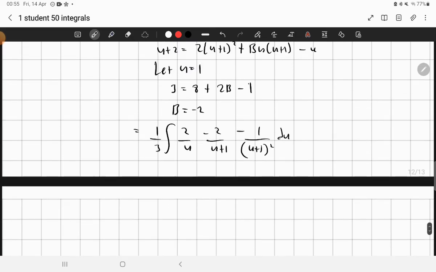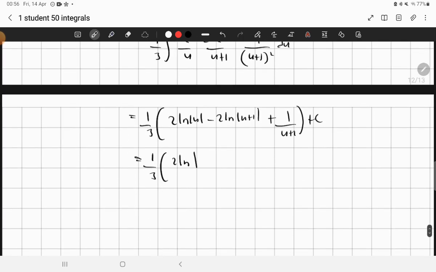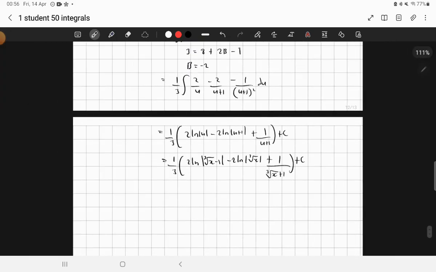So next one will be just solving this particular integral. So 2 ln of u minus 2 ln of u plus 1, and then plus 1 over u plus 1 plus C. We know that u comes from the cube root of x minus 1, so we get the cube root of x minus 1 minus 2 ln of the cube root of x minus 1 over the cube root of x plus 1 plus C. So that essentially is our answer.